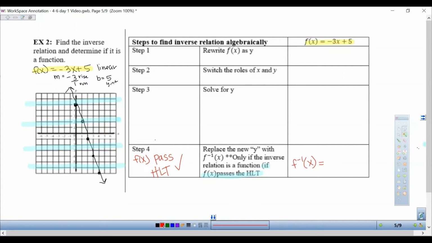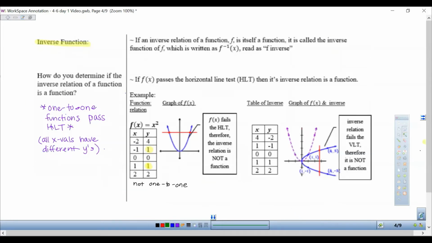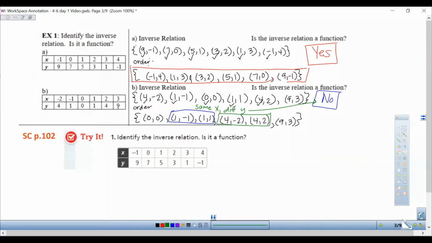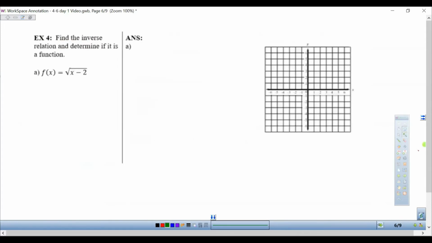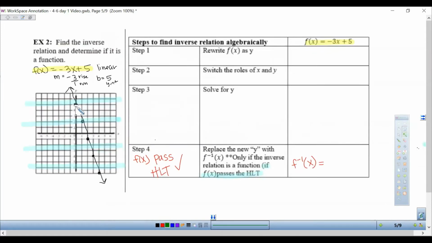I wanted to look at what the inverse looks like in terms of the graph, though, so we can talk about something else. What we learned in the previous problems is that I switch the values of x and y to find the inverse. So once I have the graph of f, I can switch the values of x and y and use that to find the inverse.